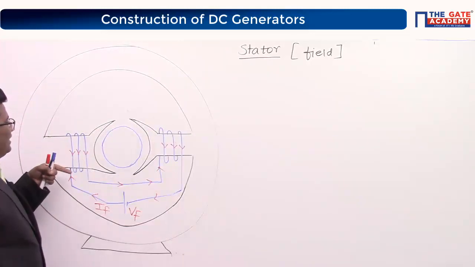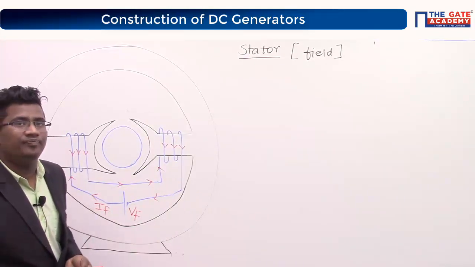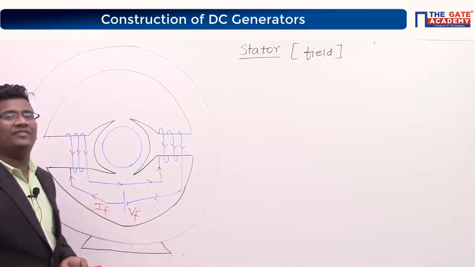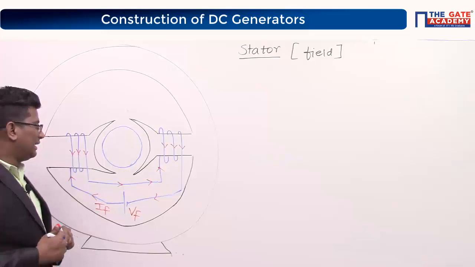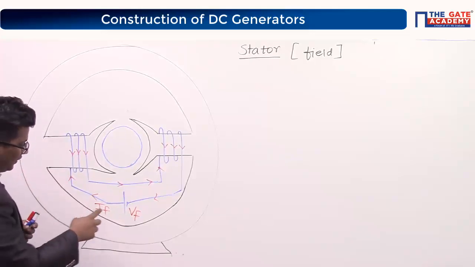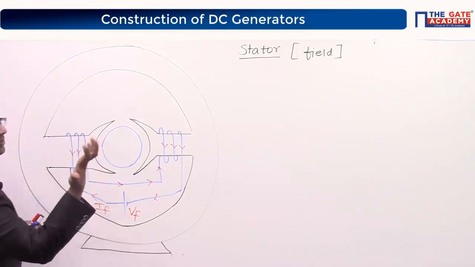Tell me, the winding which is connected across the poles is called which winding? It is called field winding, correct? Look at the direction of the current. Look at my curly fingers.